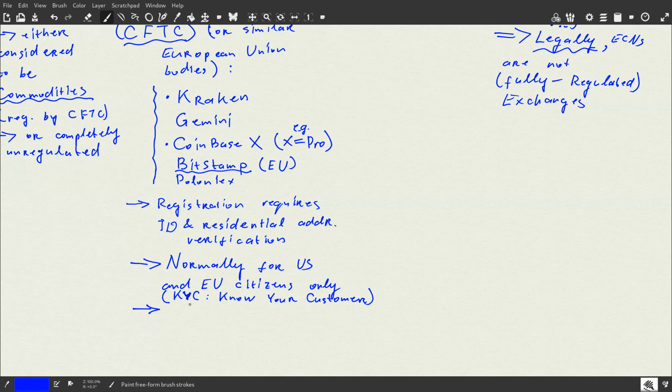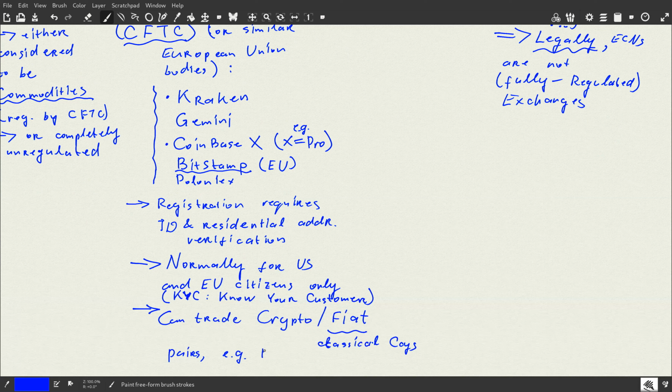In addition, as a reward for this know your customer, what you can do, you can typically trade crypto fiat pairs, fiat being just classical currencies. For example, BTC USD.